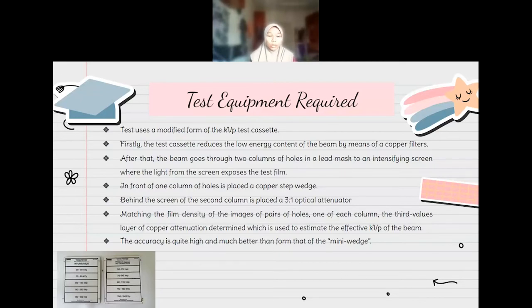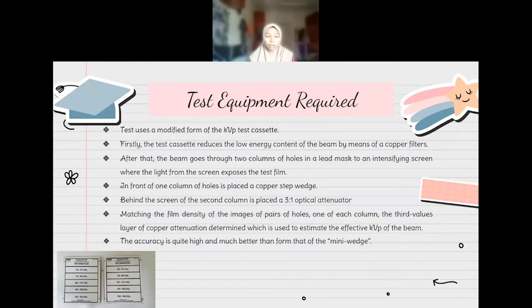In front of one column of holes is placed a copper stack wedge. Behind the screen of the second column is placed a 3-1 optical attenuator, matching the film density of the image of a pair of holes, one of each column.